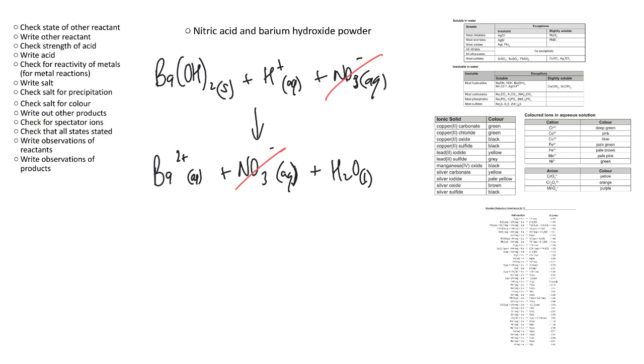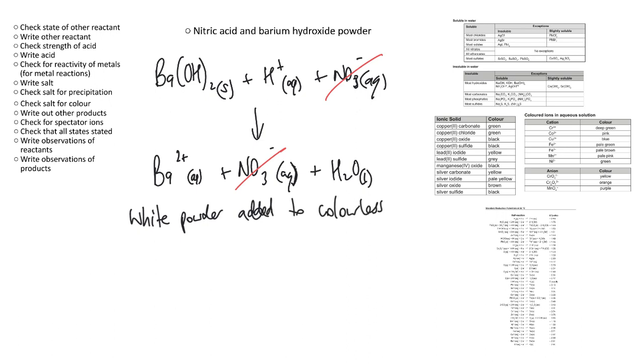Yep, did that. Okay, and then you can write the observations if necessary. So what color is this powder? Remember, the solids take the color of the component ions unless it's in that particular table, this table here, which is at the top of the page. Right, so it takes its color of the component ions. Since barium and hydroxide have no colors, it is a white powder added to a colorless solution.